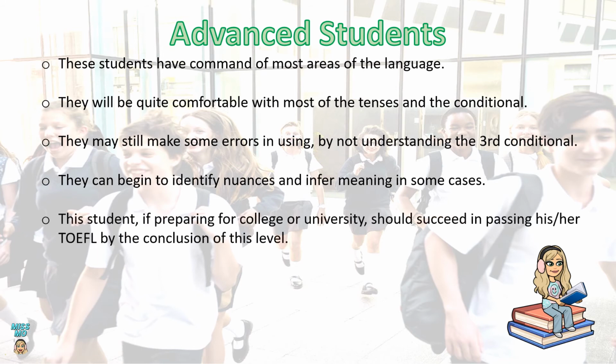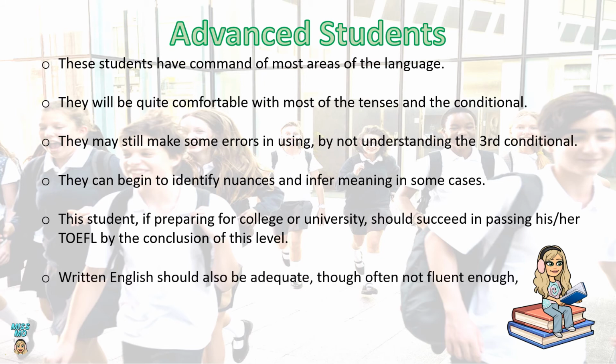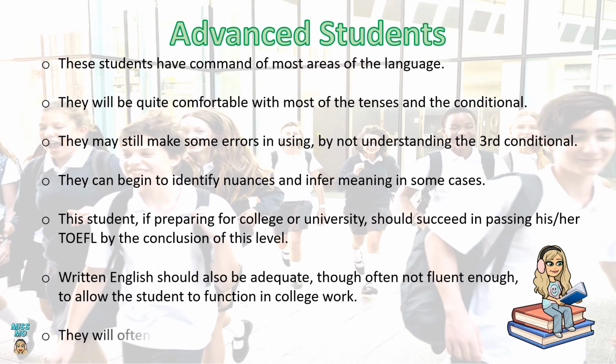This student, if preparing for college or university, should succeed in passing his or her TOEFL by the conclusion of this level. Written English should also be adequate, though often not fluent enough to allow the student to function in college work. They will often need remedial ESL writing classes in college.